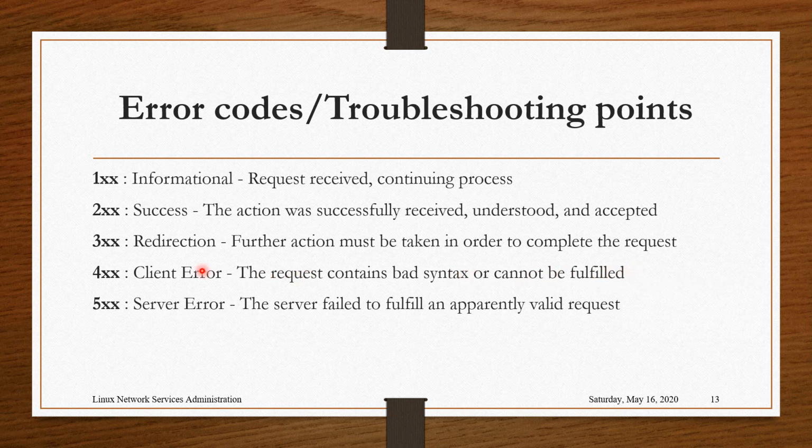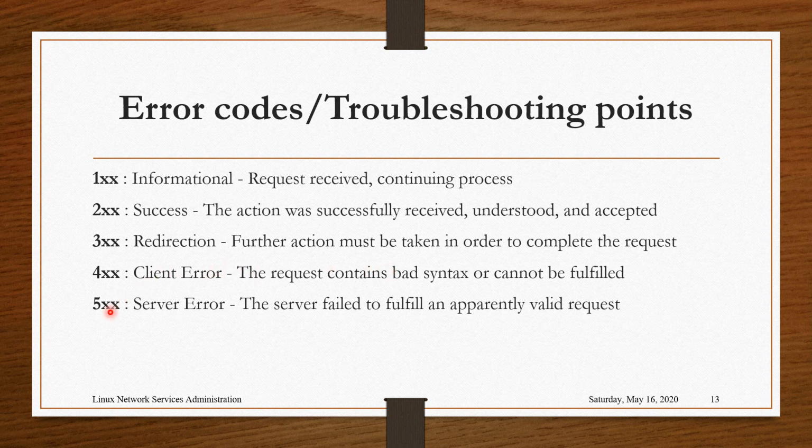Maybe the client or the end user must have defined the wrong syntax, or the requirement of the syntax has not been fulfilled. So in order to solve such problems, the client has to give the correct syntax or give the condition in such a way that it can be fulfilled.